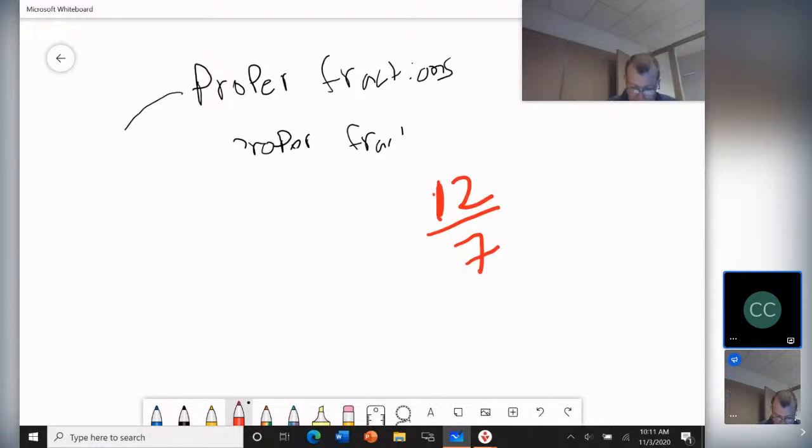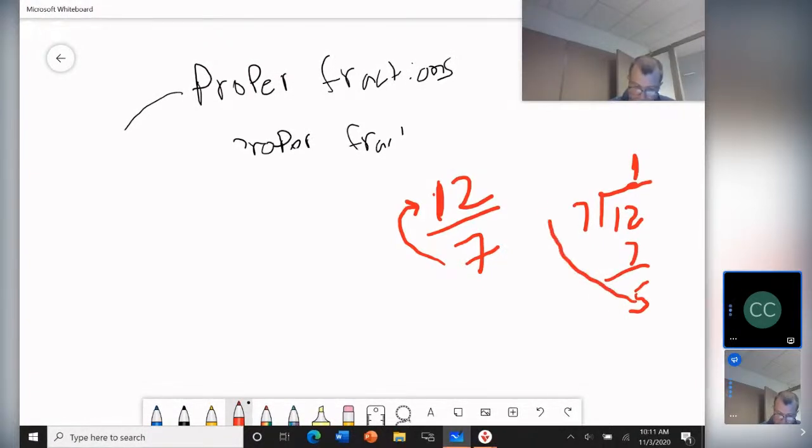So in this case, we're just going to divide the 7 into the 12. It goes 1 time, 1 times 7, and there's going to be 5 left over. And the 5 will just go over the top of that. So it'll be 1 and 5/7. And 12 sevenths is equal to 1 and 5 sevenths.